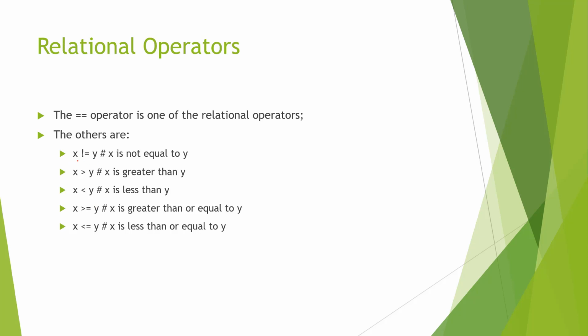Here we have not equal, which is exclamation point equals. This is greater than, less than. The order actually matters. You'll notice it is the greater than sign, then the equal sign. Writing the equal sign first does not exist.